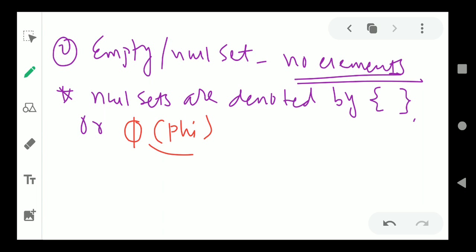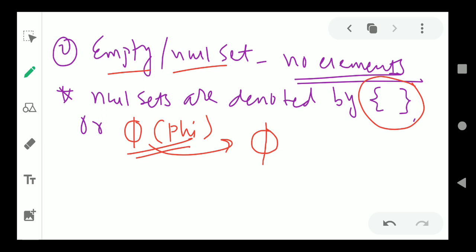This is 0 with a strikeout line, which means not even 0 is included in an empty set. The curly bracket doesn't mean that we have 0 in it. This is the Greek letter phi, P-H-I.